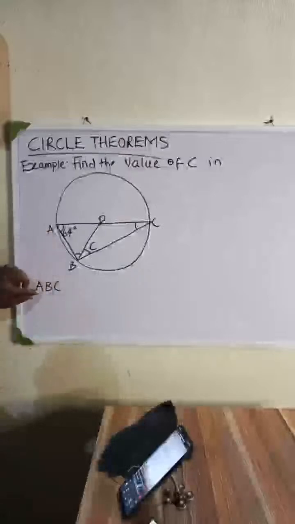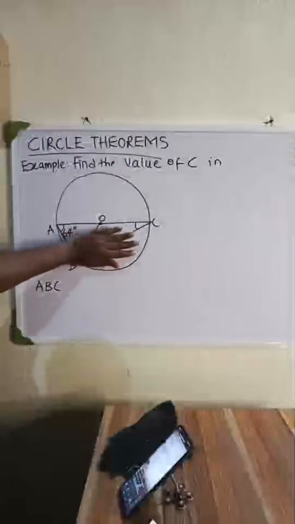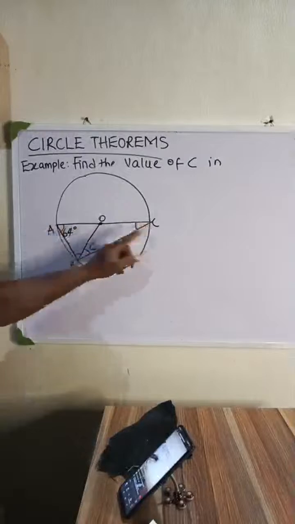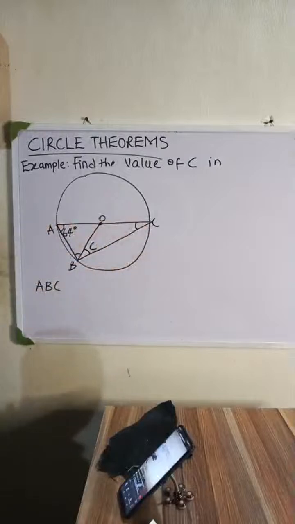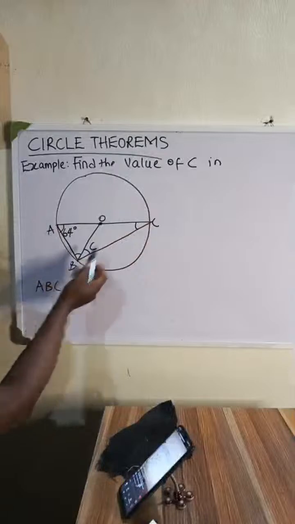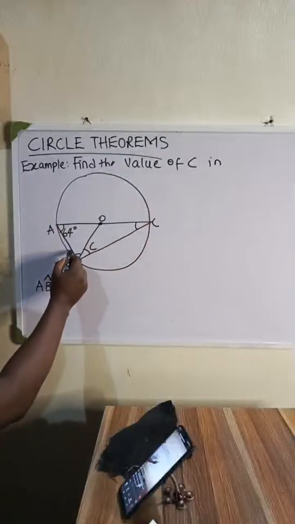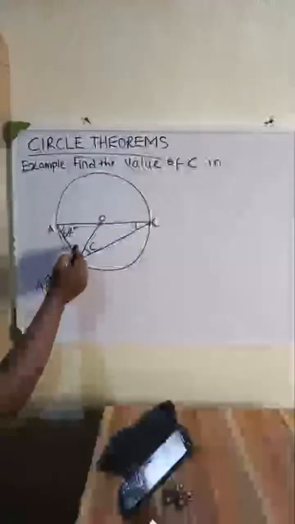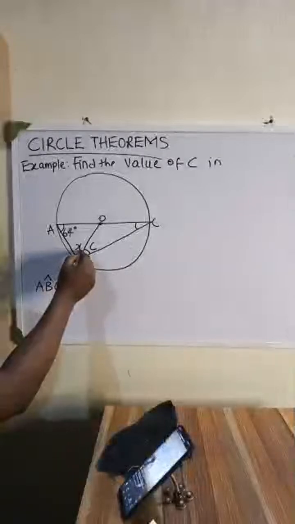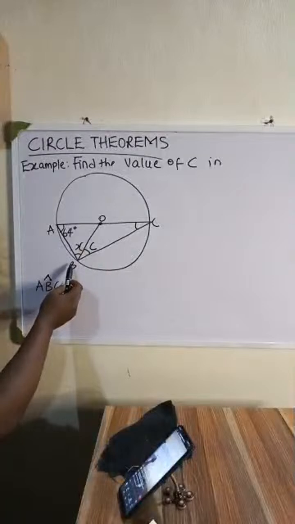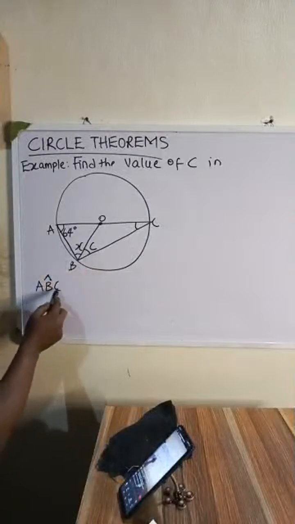So triangle ABC is in a semicircle. This is a semicircle. The reason it's a semicircle is because AC is a diameter. Okay. So since this triangle is in a semicircle, we can say that angle ABC, the entire angle at B, which includes this angle, let's call this angle X. I like X. So this angle at B includes X and C. So angle at B is equal to 90 degrees.